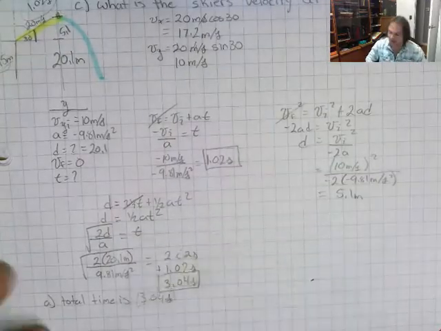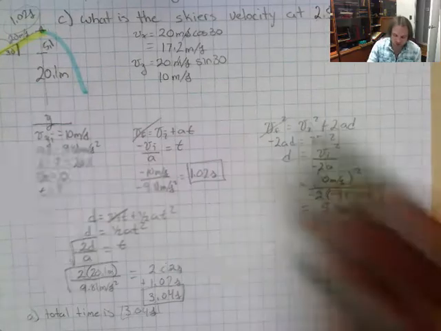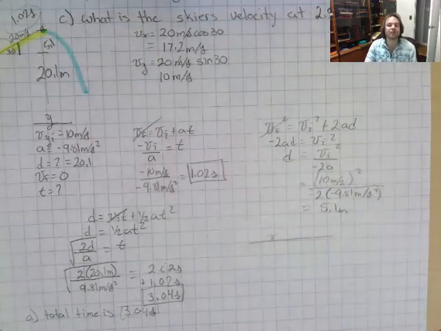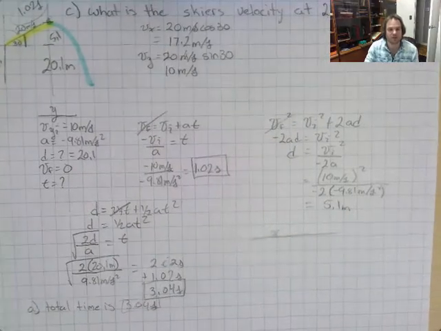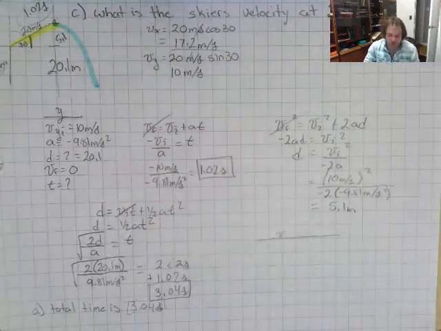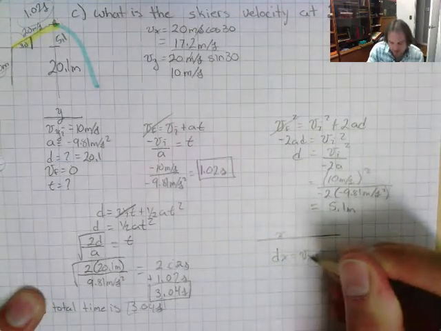So now let's look at my next part. It wants to find the range of the skier. Well, now we're just going to look at the x. His velocity never changes in the x. It's always the same. So his velocity is always going to be 17.2 meters per second. So dx is equal to my velocity in the x times my time.